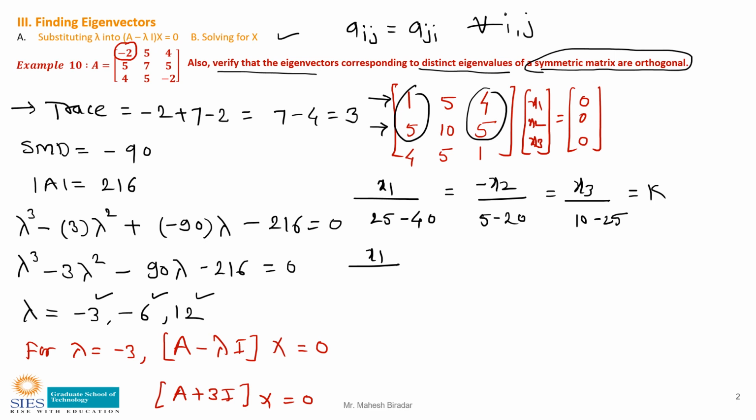So x1 divided by negative 15, minus x2 divided by negative 15, and x3 divided by negative 15 is equal to k.